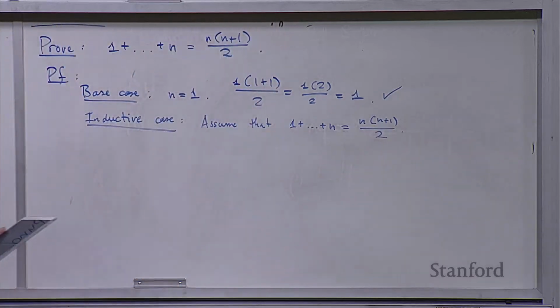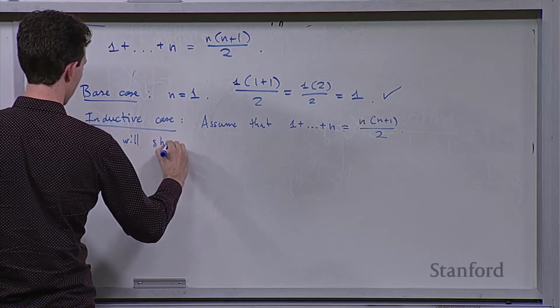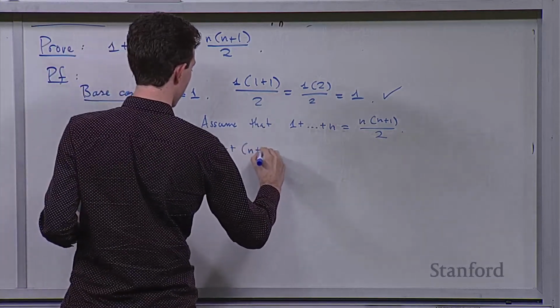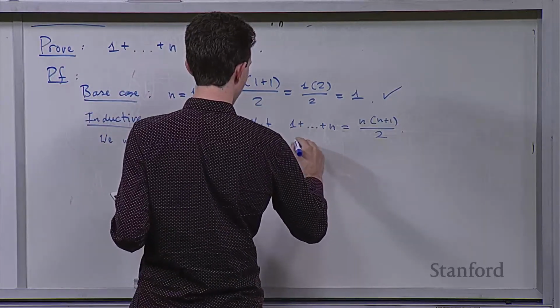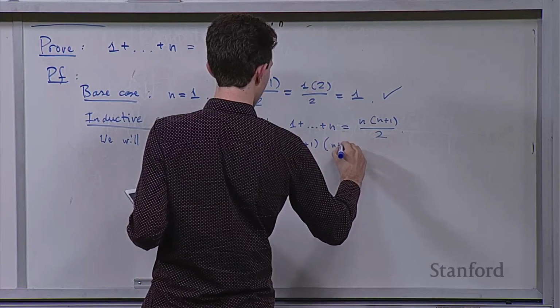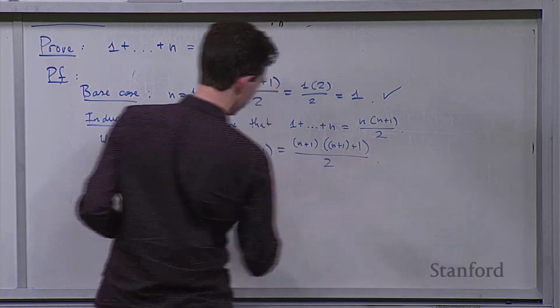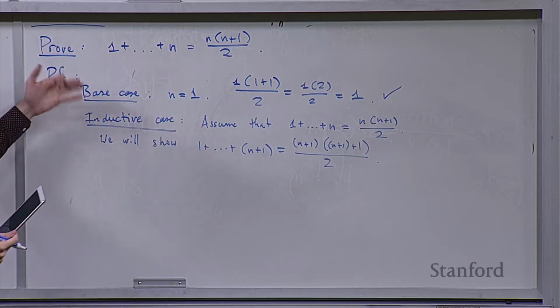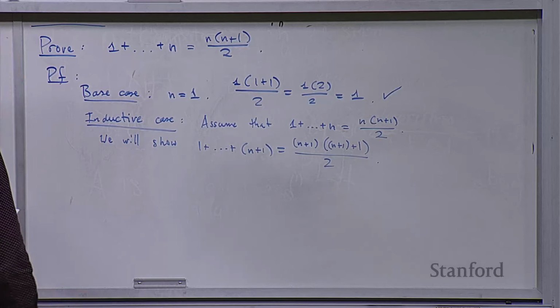What we want to show now is that 1 plus everything up to n plus 1, the next bigger case, is equal to n plus 1 times (n plus 1 plus 1) over 2. That's what we want to show. And if we can show this, we just apply this reasoning forward from the inductive case, and then we'll be done. OK, so how can we show this?